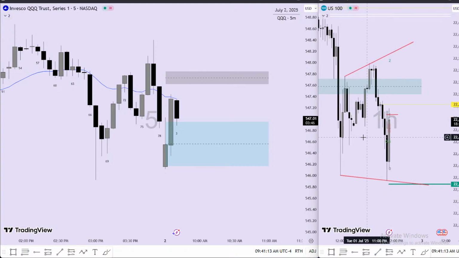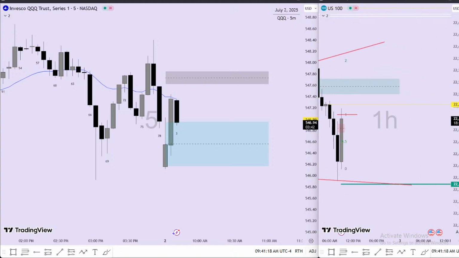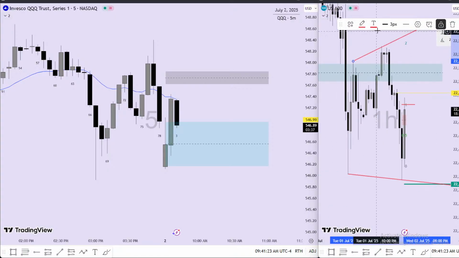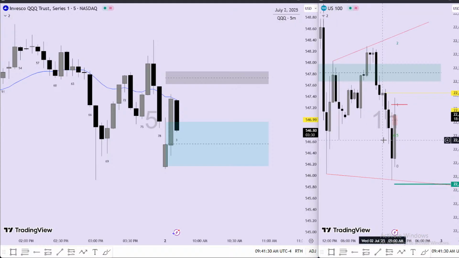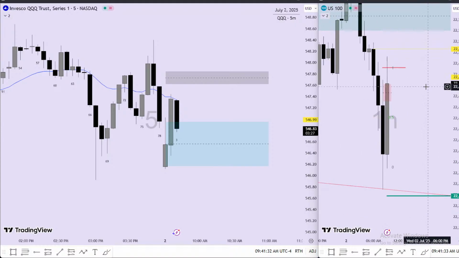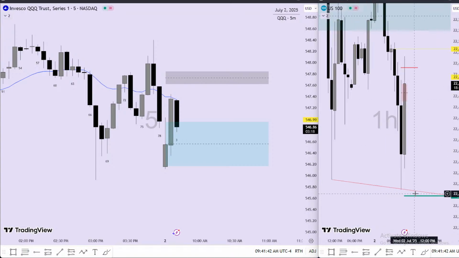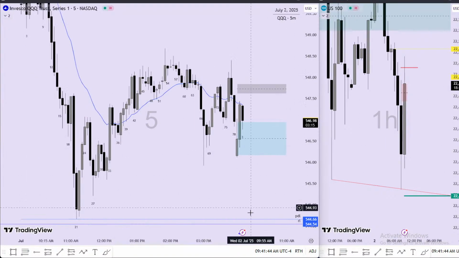Is it possible that we are making this expanding triangle? Don't know. Probably not. Probably, but still, we'll get the answer if we move to this point, come below the previous day's low, retest this point, and bounce off this level.